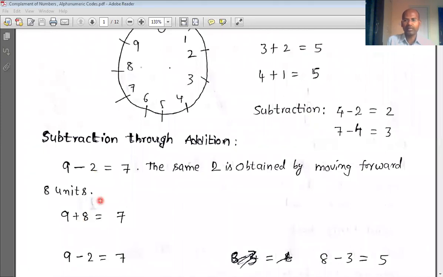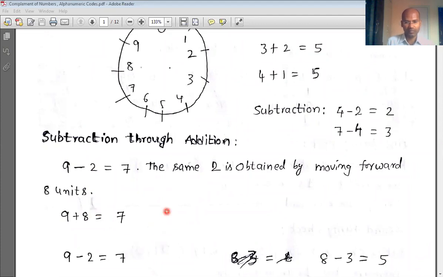In that case, we don't need two different circuits, one for addition and another for subtraction. You can use the addition circuit to perform subtraction with a little extra circuit. That circuit performs this conversion, in which 2 is converted to 8. Are you following what I'm trying to say?